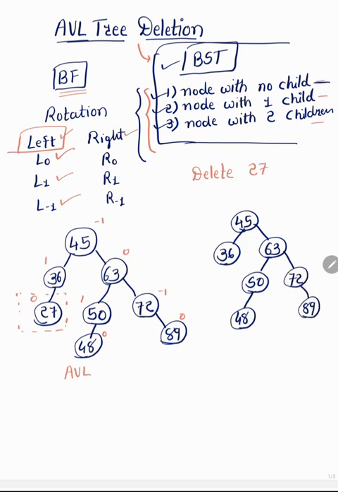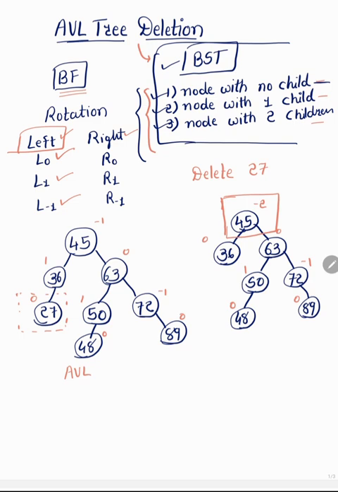It seems it is not balanced. You can also verify it by checking the balance factor. For 48 the balance factor is 0, 89 is 0, 50 is 1, 72 is minus 1, 63 is 0, 36 is 0, and 45 is 1 minus 3, that's minus 2. So here this node is not balanced.